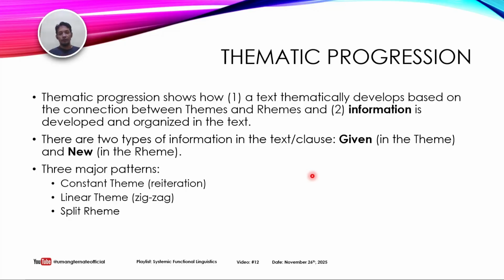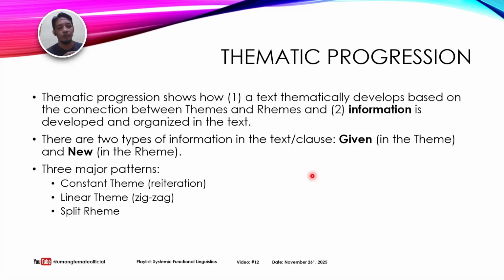Given is in the theme, because it is located at the very beginning of the clause, and the rest of the clause is the rheme. Given means that that information has already been told, so the reader can access that. But new is something that they expect to receive.